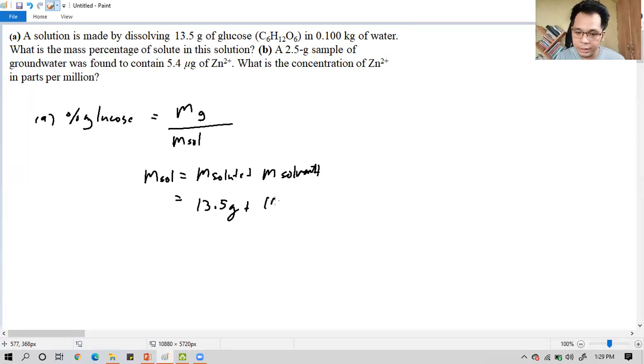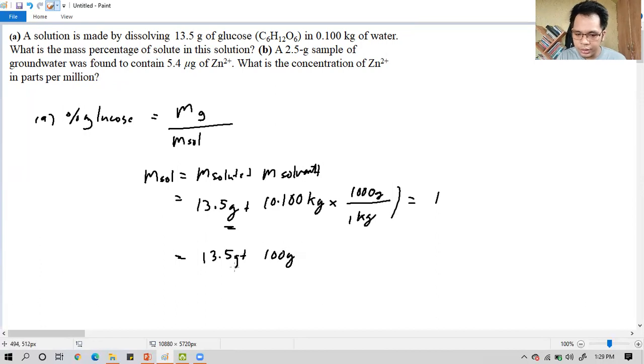So we have to convert this into grams so that we have the same unit and the values can be added. So we have 1,000 grams per 1 kilogram. So it's just a conversion, which gives 100 grams of water. So 13.5 plus 100 grams of water and glucose.